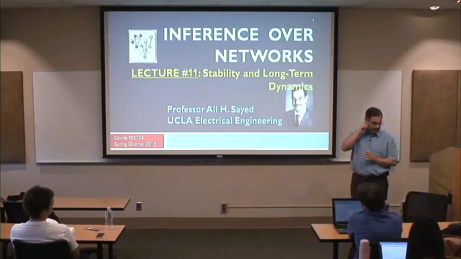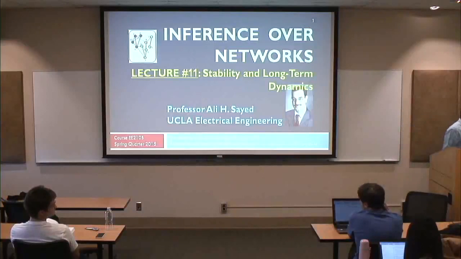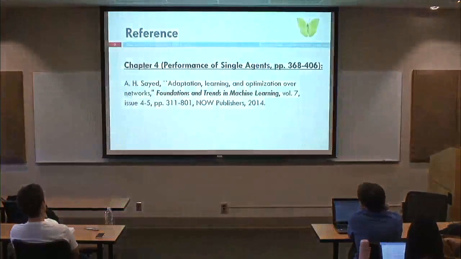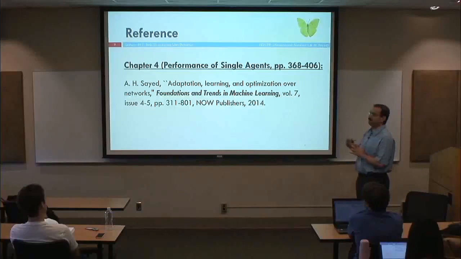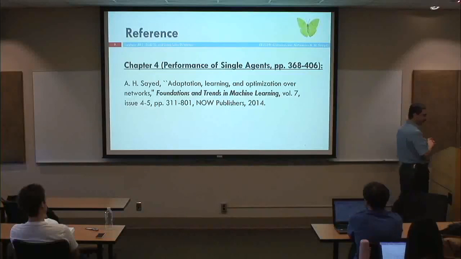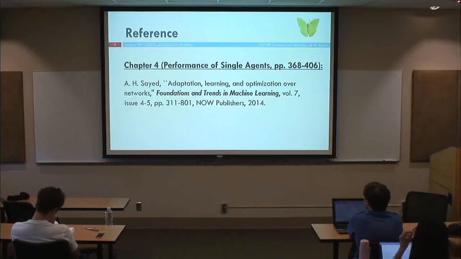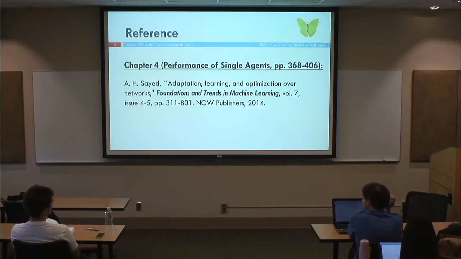So let's start. This material is based on chapter 4, the early part of chapter 4, and the next lecture will be based on the later part of chapter 4.